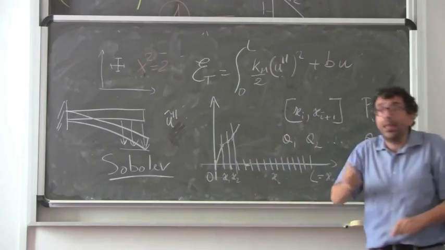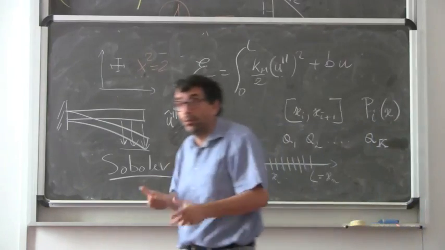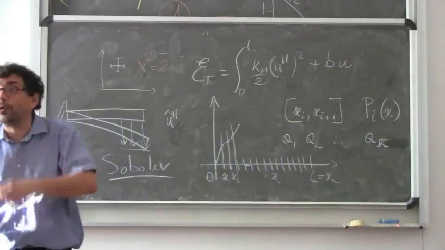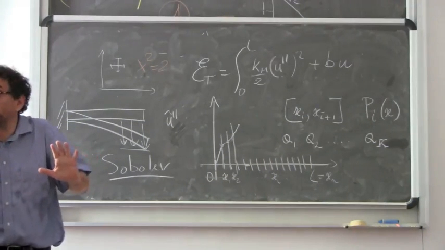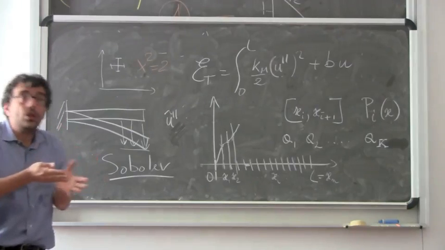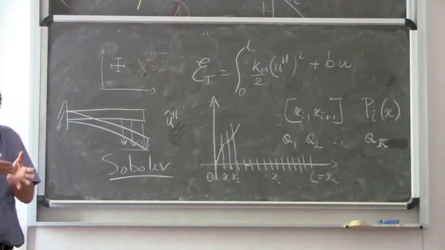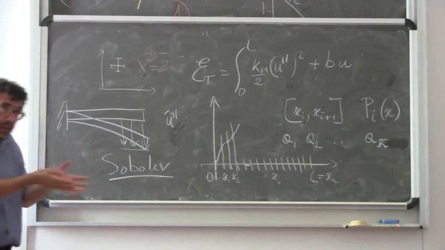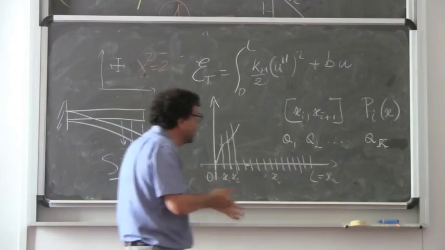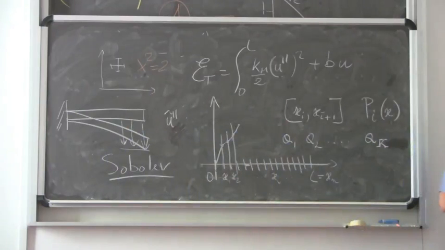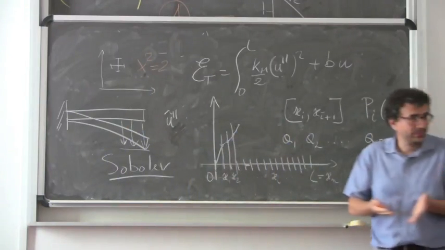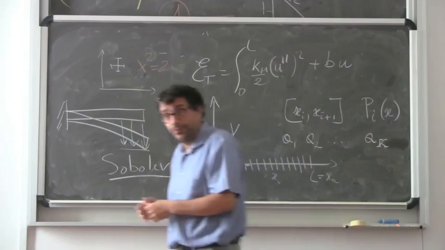So in general, if you have a differential equation, you could have a solution which is not a polynomial. However, you can approximate, at least piecewise, this solution with polynomials, which are very good for doing calculations. Okay?